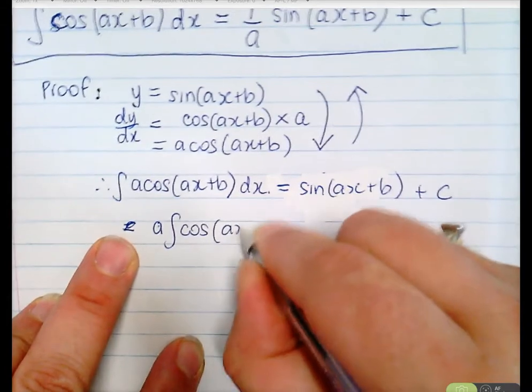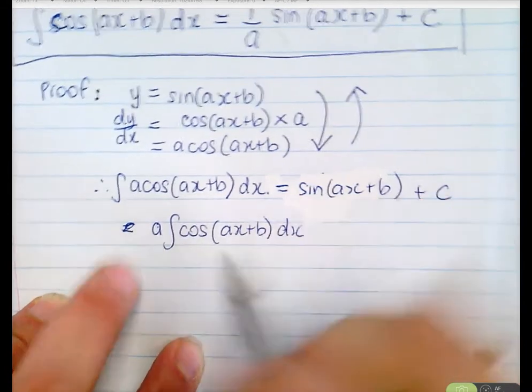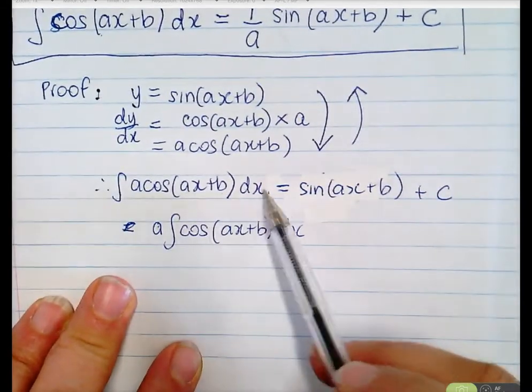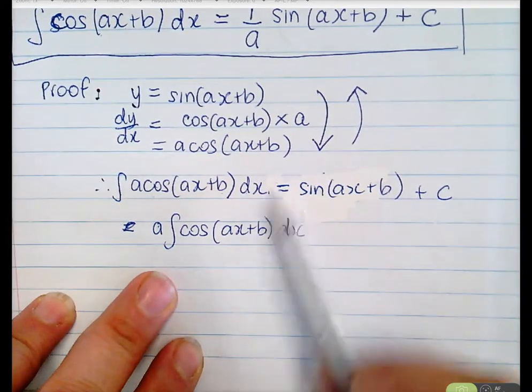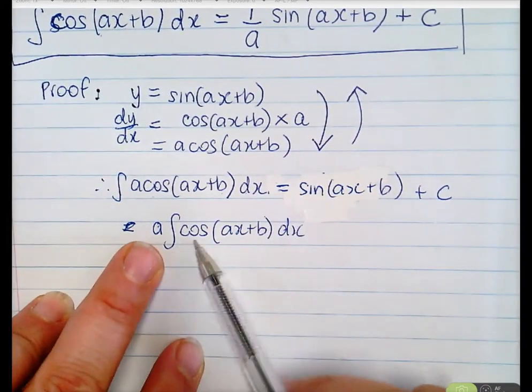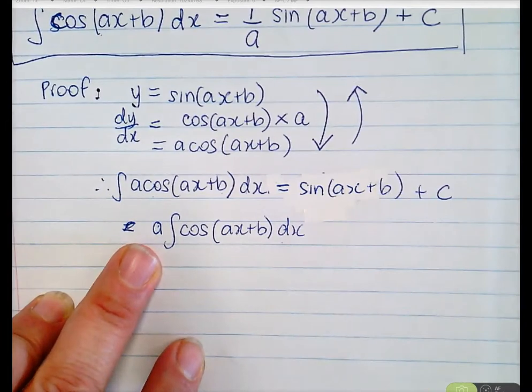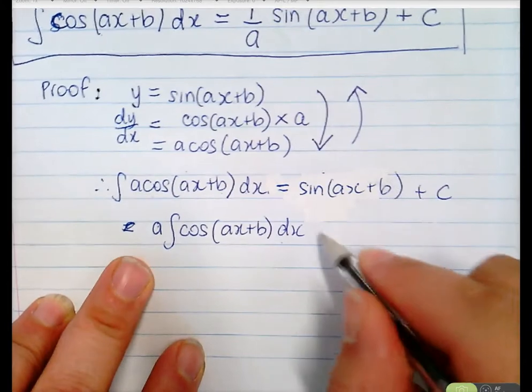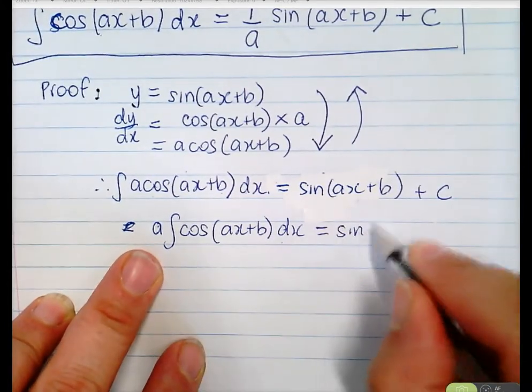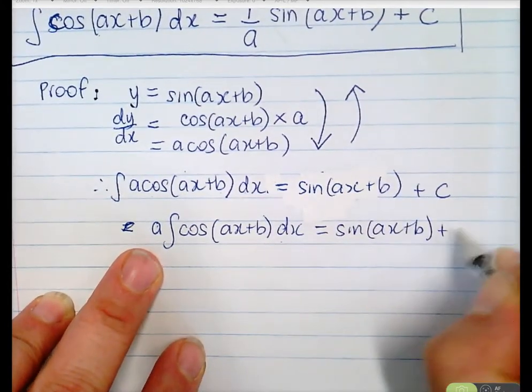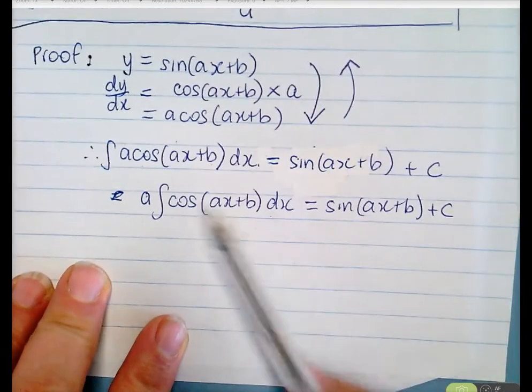Can I take that a out? If I integrate a cos ax plus b with respect to x, it's the same as doing a times the integral, because the constant does not change anything. So they're the same thing.